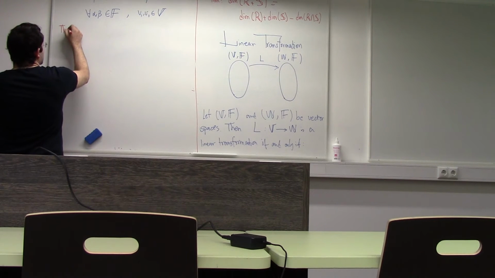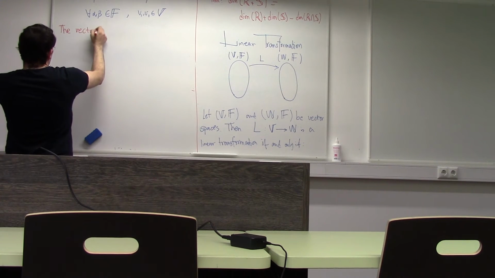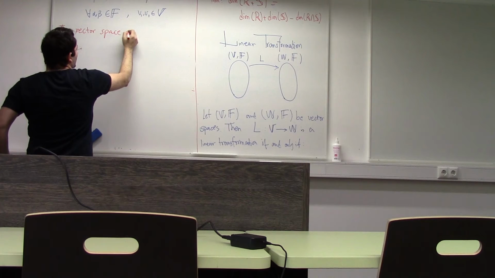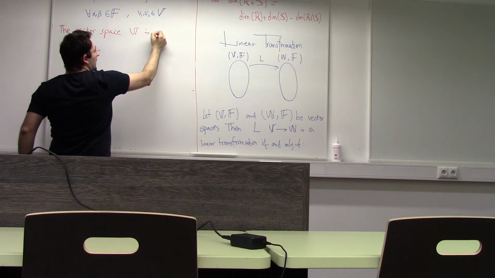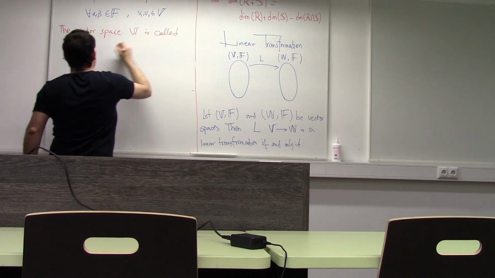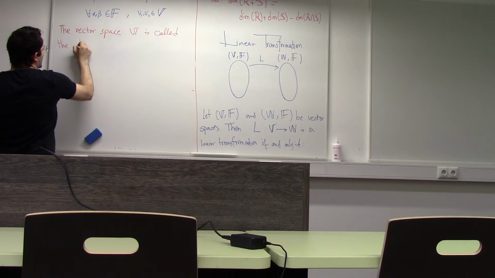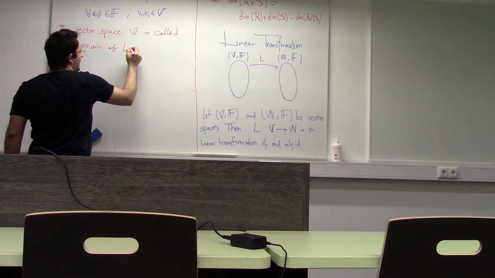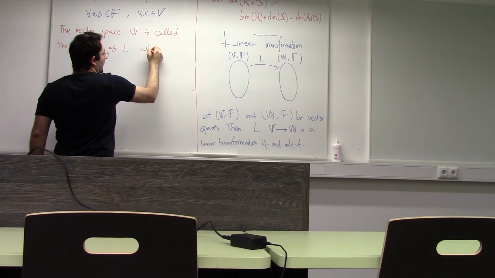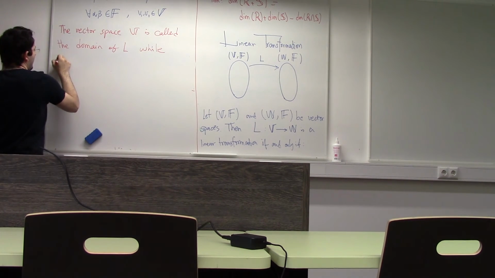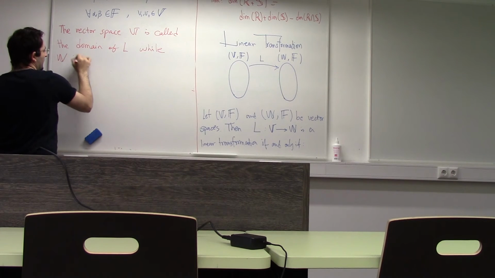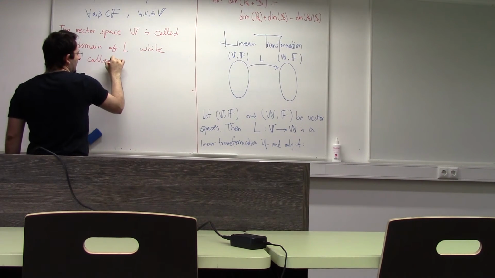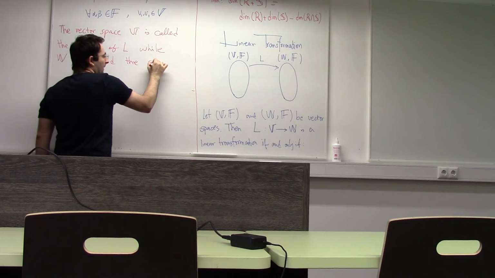The vector space V is called the domain of L, while W is called the codomain.